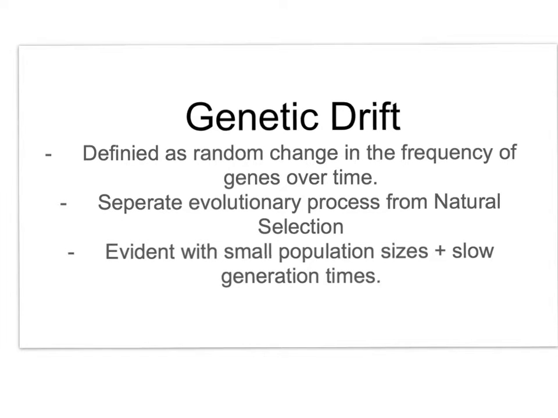Genetic drift is defined as a random change in the frequency of genes over time. A separate process from natural selection, genetic drift is still considered a legitimate type of evolution. Furthermore, the smaller the population, the more susceptible it is to genetic drift.